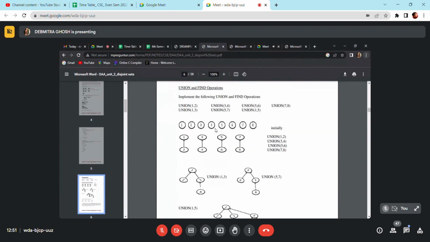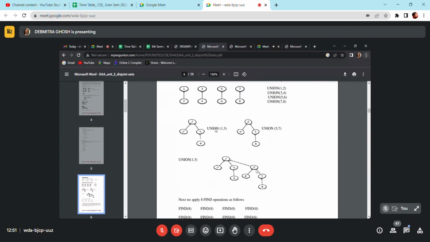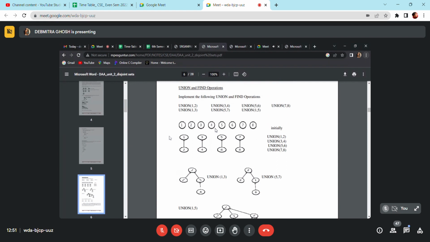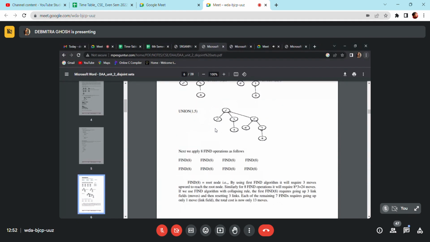Union of 1 and 5 means union of 1, 2, 3, 4 as well as 5, 6, 7 and 8. First we have made union of two sets, 1, 2, 3, 4, then 5, 6, 7, 8. Then we are doing union of union. So finally we got the value as 1, 2, 3, 4, 5, 6, 7, 8.